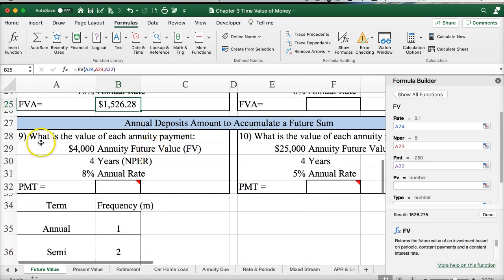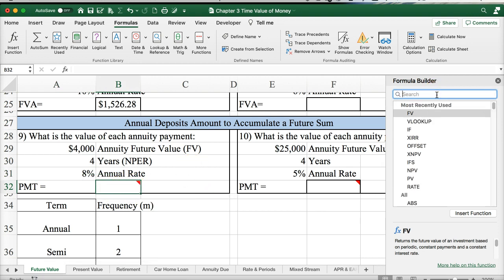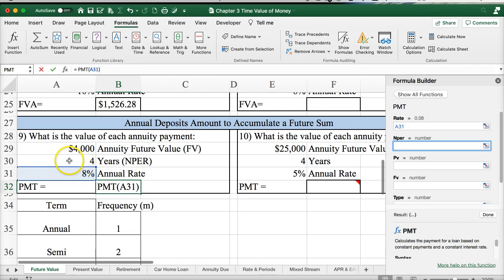So here we're going to do the annual deposits needed to accumulate to a future sum. If we want to get $4,000 in the future, and we have 4 years to do it at an annual rate of 8%, how much would we have to save each year? Here we have a note to use the payment function, so we're going to use the PMT. The rate is 8%, the nper is 4, and the future value is 4,000.